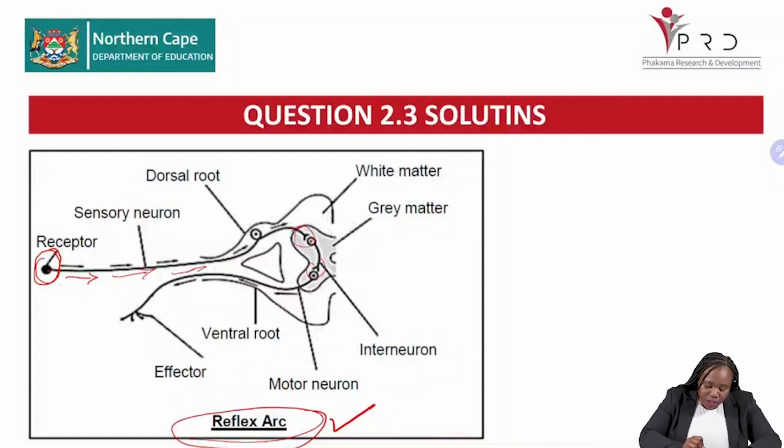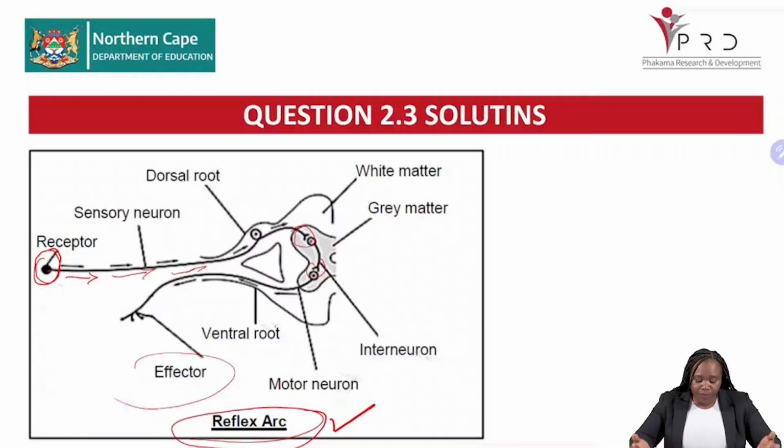Indicate your ventral root, indicate the direction again, that from here it goes back to the effectors, right? So we have indicated the motor neuron, the sensory neuron, the interneuron, and both the grey and the white matter. Now this is a complete diagram of your reflex arc.